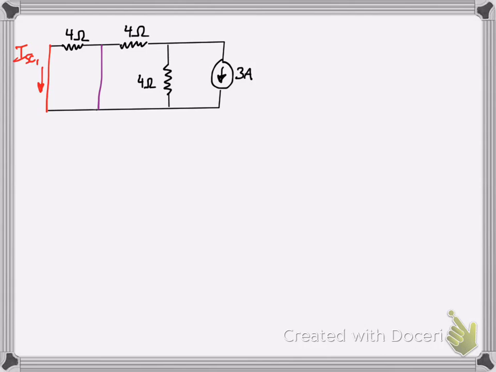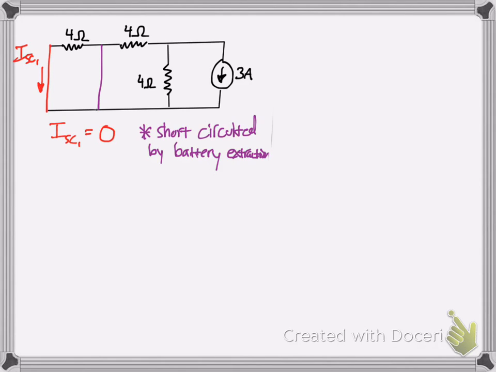Now we're going to short circuit it by putting a wire there as well and try to find the current across that part of the circuit. That's going to be 0, same reason as last time. The current follows the path of least resistance. It will not flow that way because the purple wire we put in place of the battery short circuits everything to the left of that circuit. So we know the current flowing through that part of the circuit is 0.